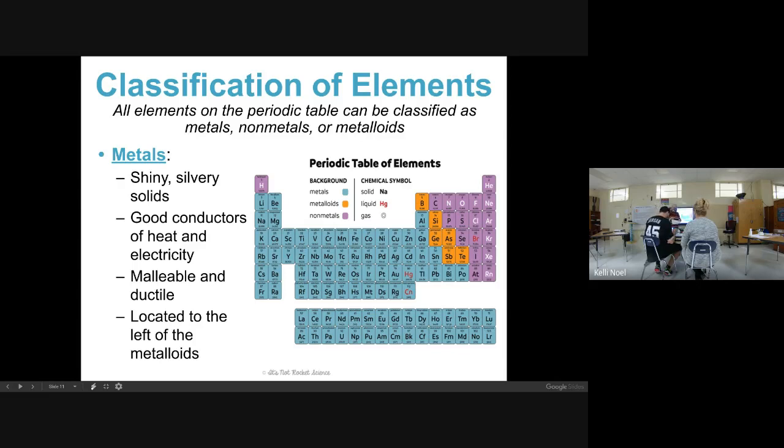This is your separation. If an element touches the zigzag line, other than aluminum, which is an exception, it's a metalloid. So when they say to the left of the metalloids, that's what they mean. So you may want to put that zigzag line on your periodic table.